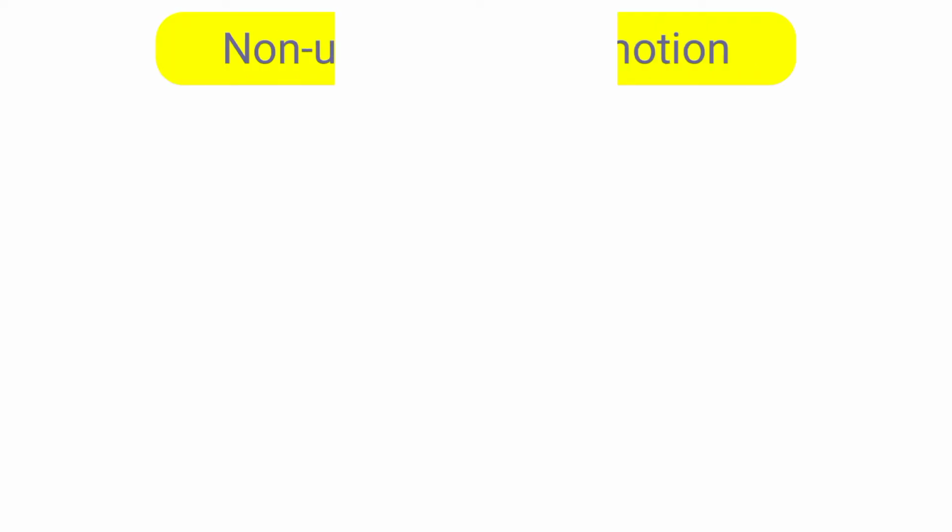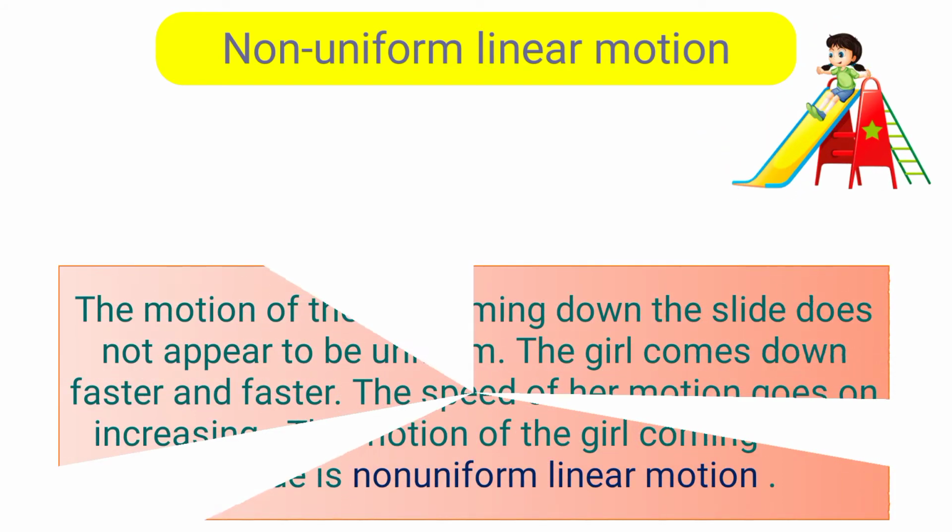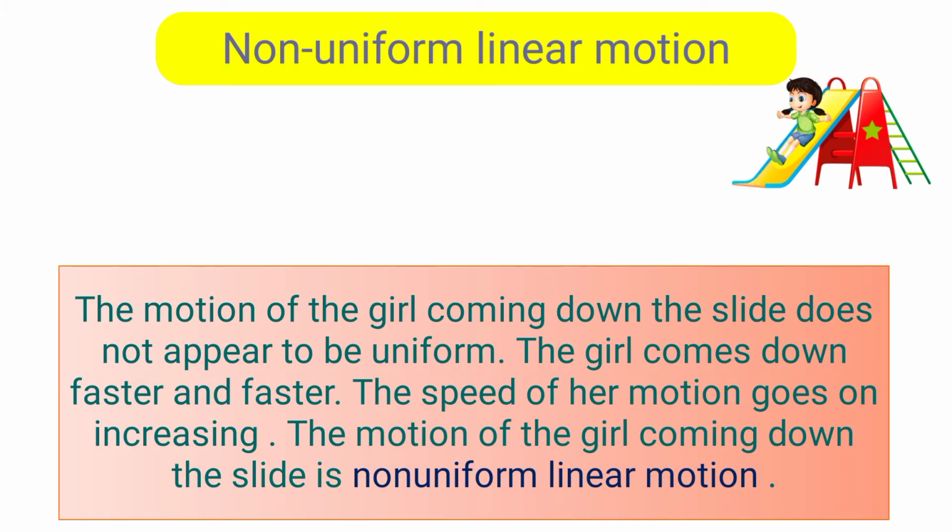Now what is meant by non-uniform linear motion? The motion of the girl coming down the slide does not appear to be uniform. The girl comes down faster and faster. The speed of her motion goes on increasing.